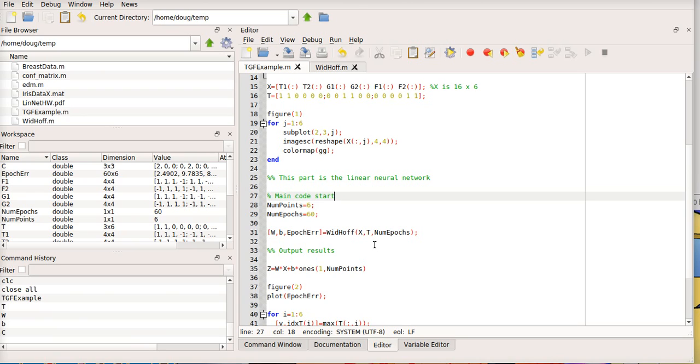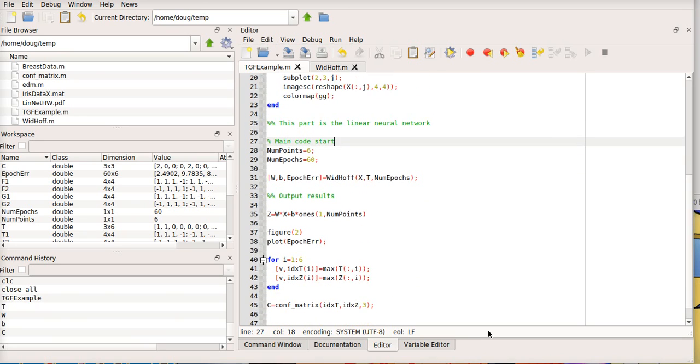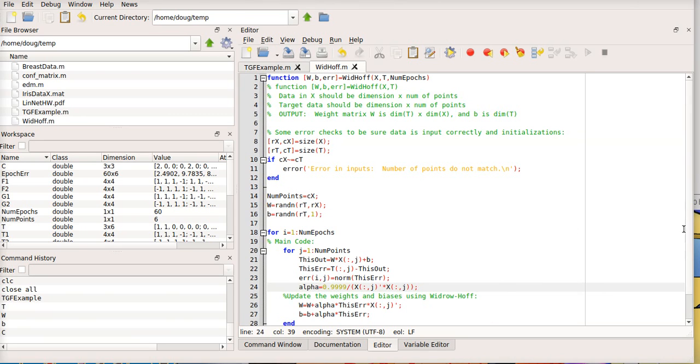Well, we could use linear algebra to solve this. What's important here is Woodrow and Hoff were looking for a system of updating that was biologically plausible, and so this is the update that they got. Let's see, where's the update again? There it is. And so this is the update that they're using.